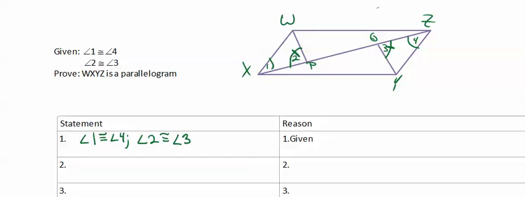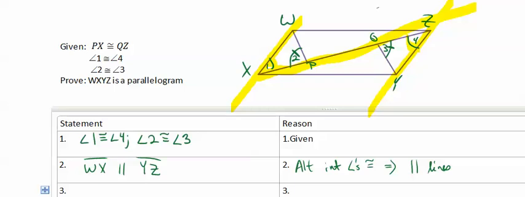So, looking at the diagram, I can see that angle 1 and angle 4 are congruent, but you should also notice that it's part of a transversal line XZ that cuts into line segments XW and YZ. Since 1 and 4 are congruent and they're alternate interior angles of a transversal, that means that WX and YZ will be parallel, which is one step closer to a property of a parallelogram.